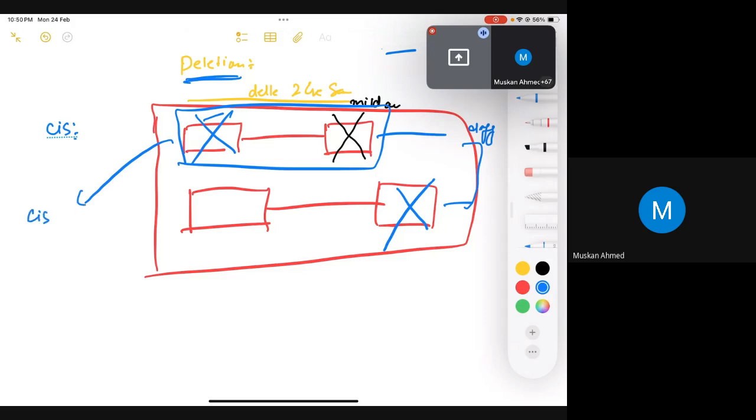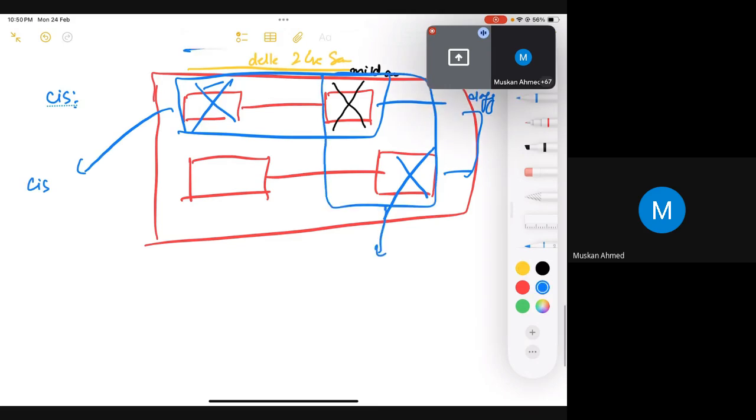And if this one is paired and we have deletions on these two different chromosomes, this is going to be called trans deletion, right? Cis basically stands for the same side, and trans for different. So cis deletion is the idea that you have deletion on the same chromosome.